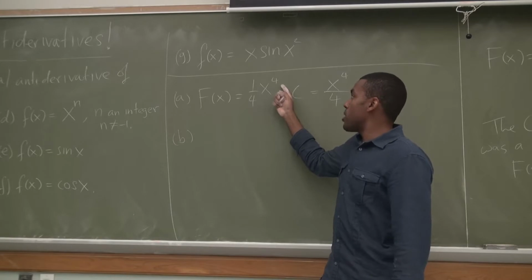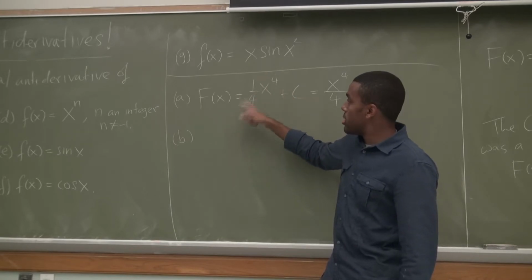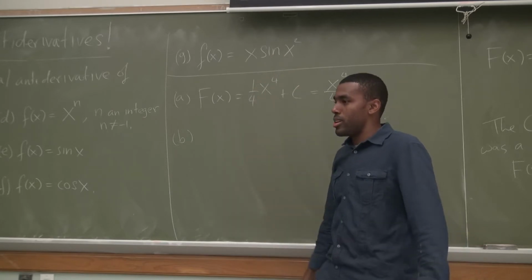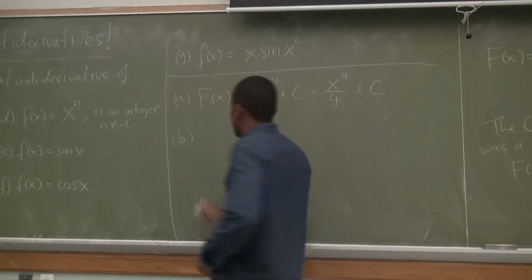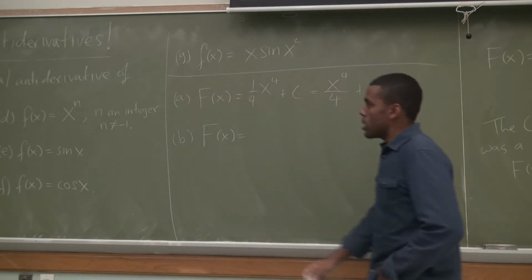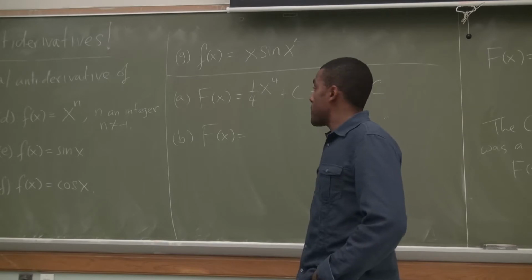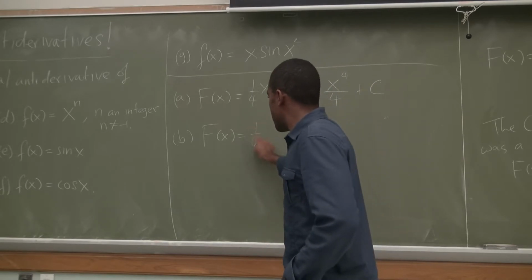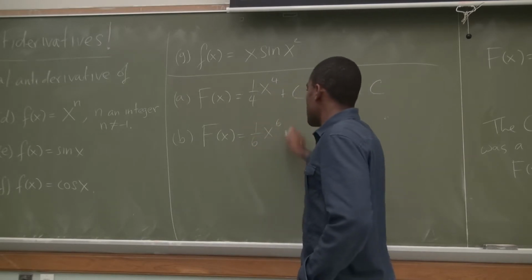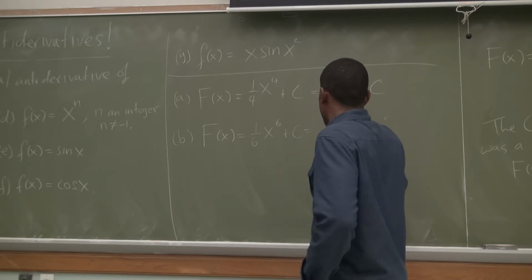Then you have to worry about that power coming down, and you have to cancel it, because otherwise you have a 4 that wasn't there before. We're going to get to why it works soon. What is this one? It's just 1/6 x to the 6 plus c, or x to the 6 over 6 plus c.